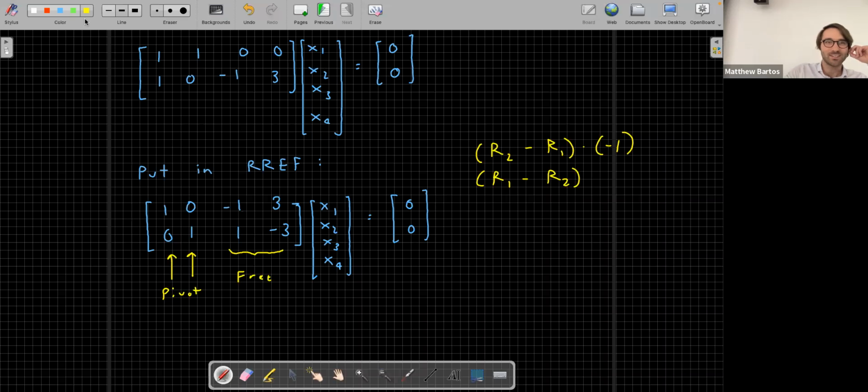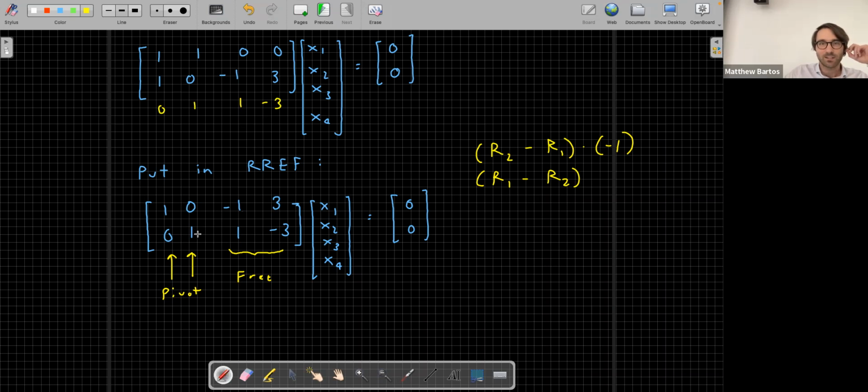Let's just check and make sure I didn't make a mistake. R2 minus R1 will be 0, -1, -1, 3. Multiplied by -1 will be 0, 1, 1, -3, right?